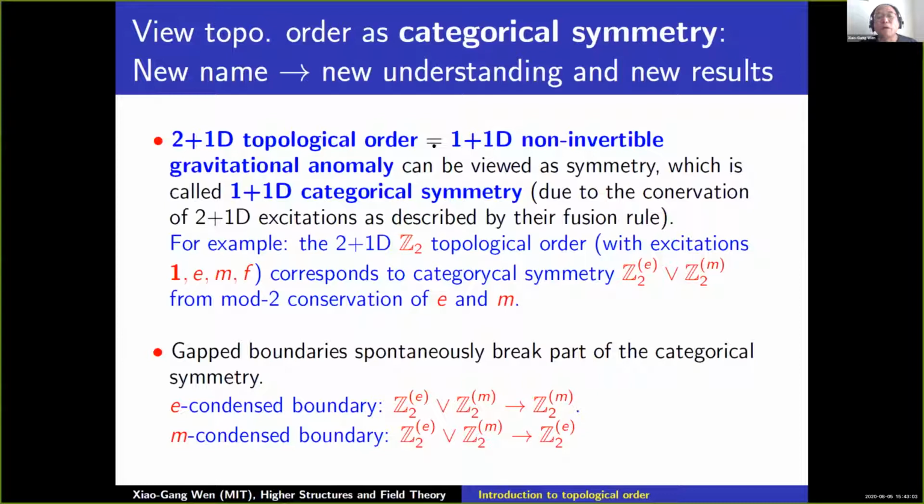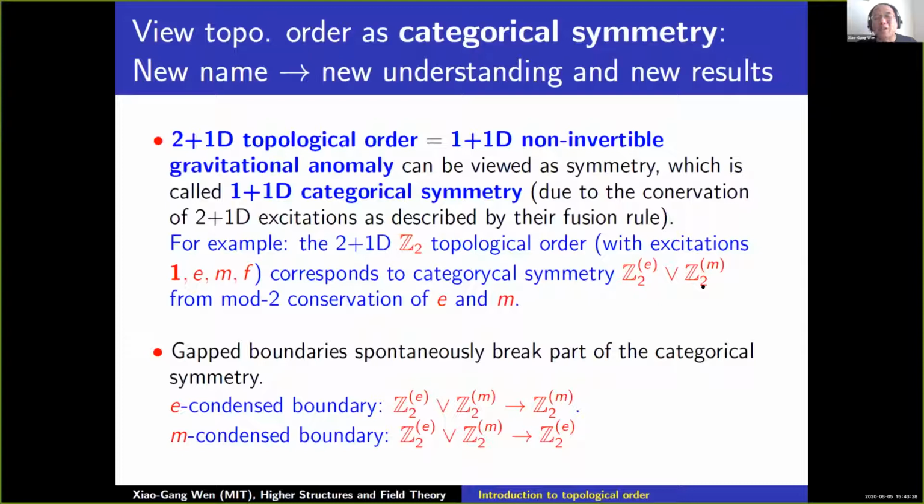So therefore, calling the gravitational anomaly, or calling 2D topological order, a categorical symmetry really motivates us to use this symmetry breaking language to describe the boundary. However, these 2 symmetries are not a direct product. So I'm using the V symbol to say there's some composition of the 2 symmetries.